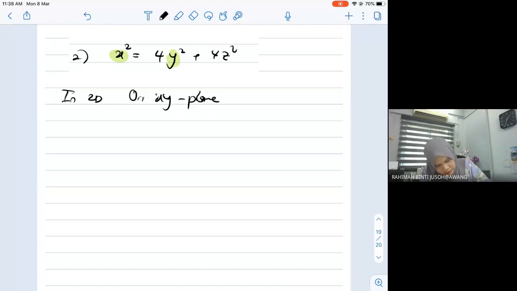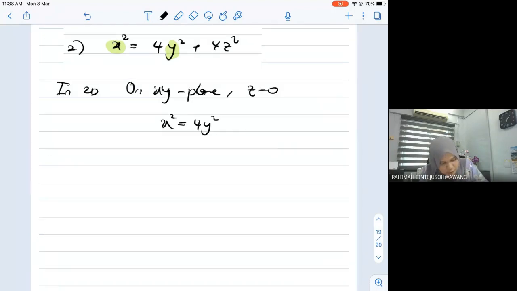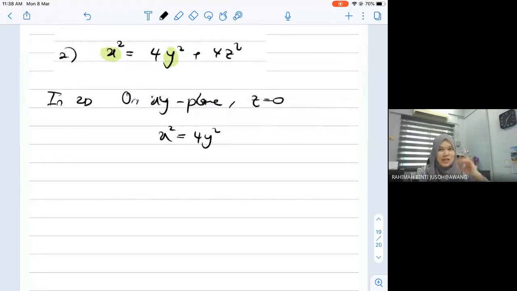So XY plane kita let Z equals to 0 lah kan. So bila XY plane Z equals to 0, X kuasa 2 sama dengan 4Y squared, isn't it? So kuasa 2, dua-dua ada kuasa 2 guys. So what you should do, you have to square both sides. Take a square root both sides. Buat punca kuasa dua-dua belah. So X equals to plus minus 2Y. See, dia dah tak ada kuasa 2 dah.